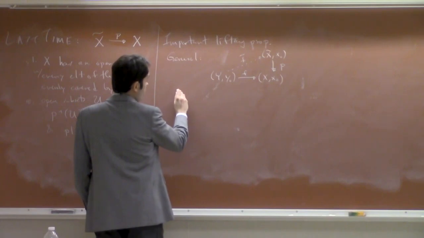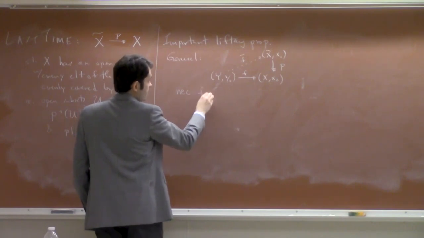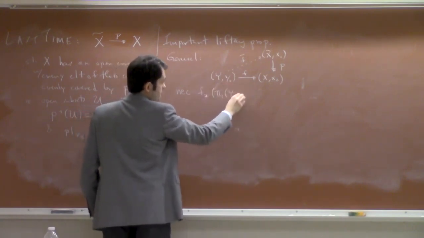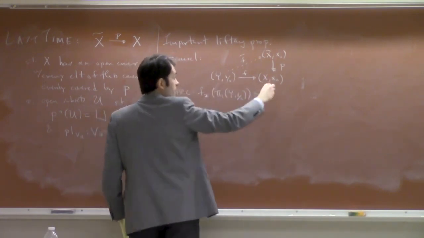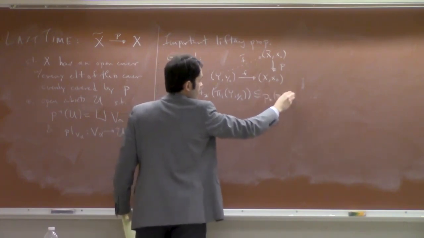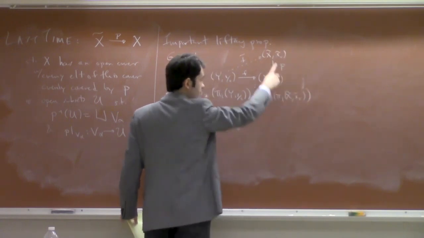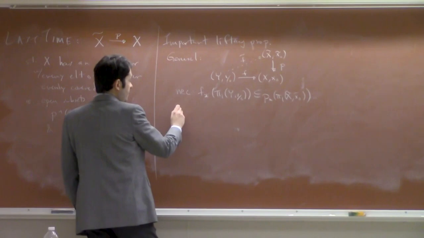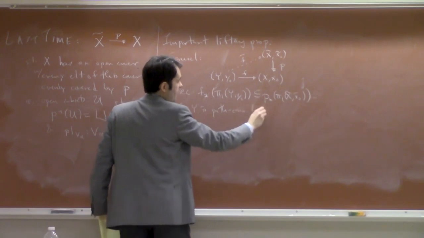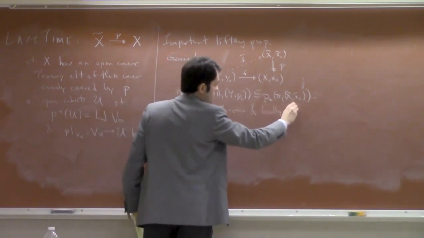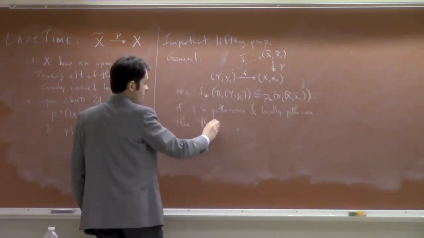What we saw is that it is necessary that the image of the fundamental group of Y under F be inside the image of the fundamental group of X tilde with respect to P, and if Y is path connected and locally path connected, then this is also sufficient.